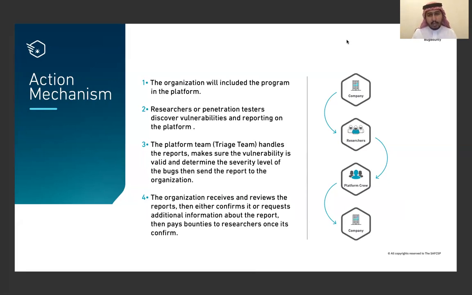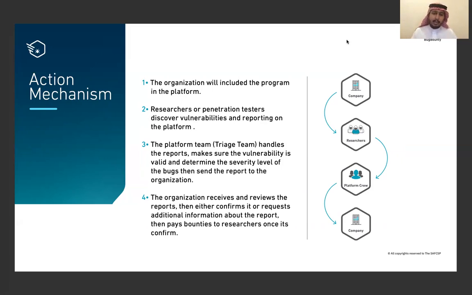In bugbounty.sa, the organization can register in the platform and create its own bug bounty program with a specific scope of work, also specifying the policies that the researchers should follow while they are trying to find vulnerabilities.